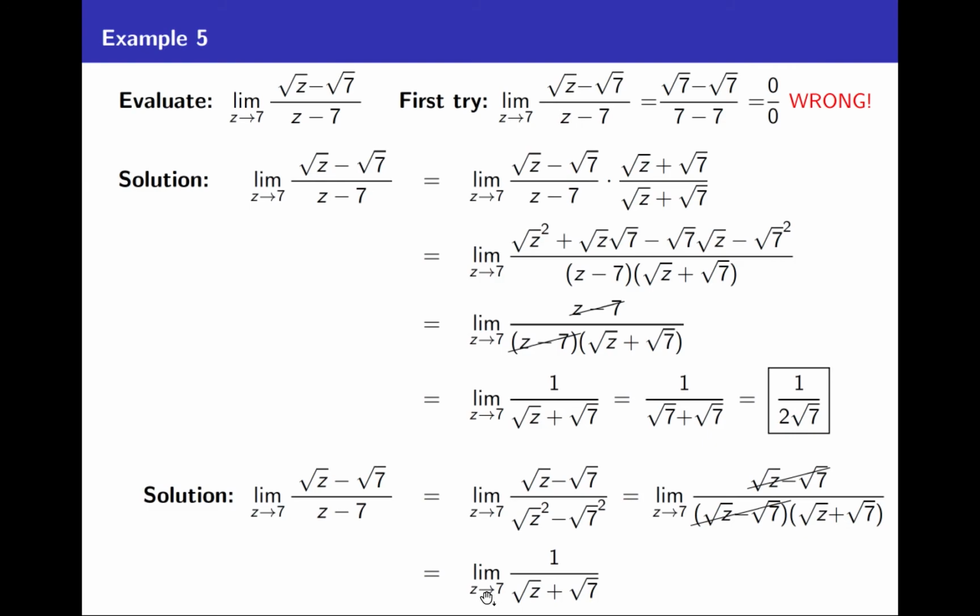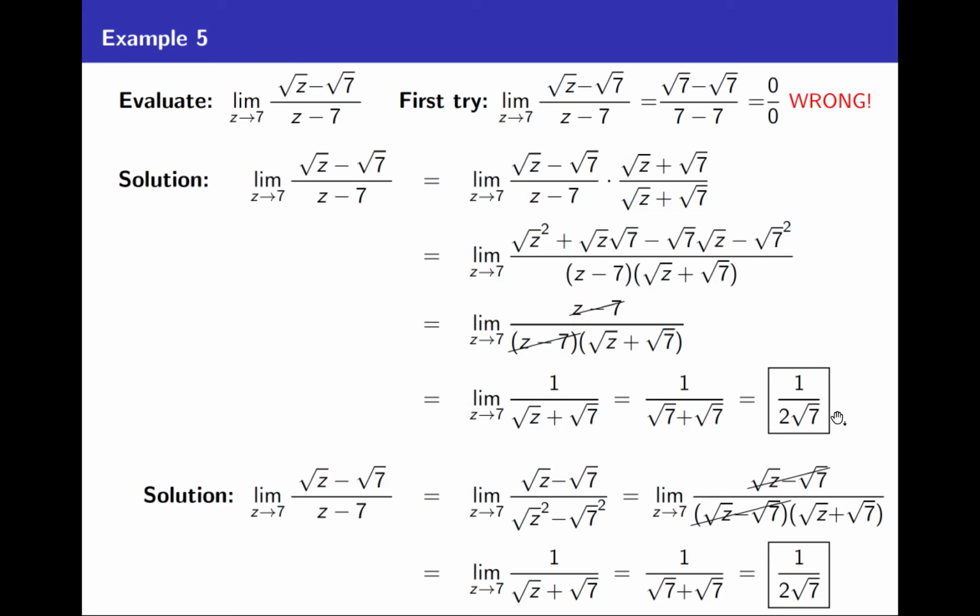And now take the limit of the top divided by the limit of the bottom. The denominator is no longer turning into 0. It is the square root of 7 plus the square root of 7 when z approaches 7. And that's 1 over 2 square root of 7. Of course, exactly the same answer that we got above.